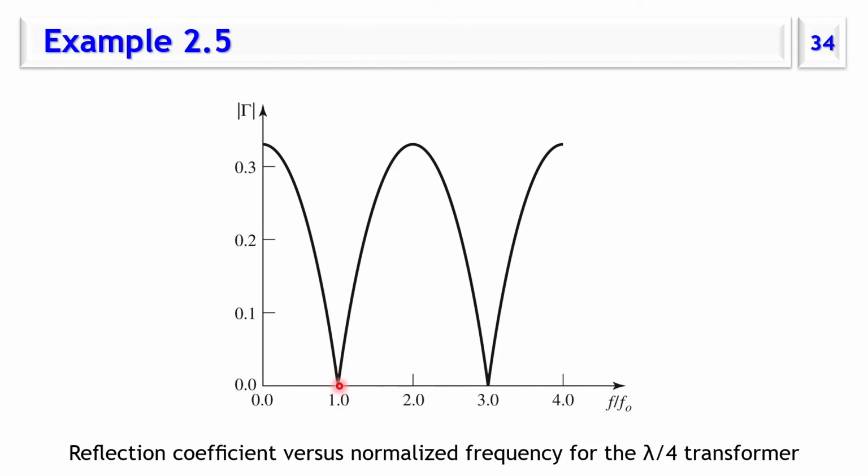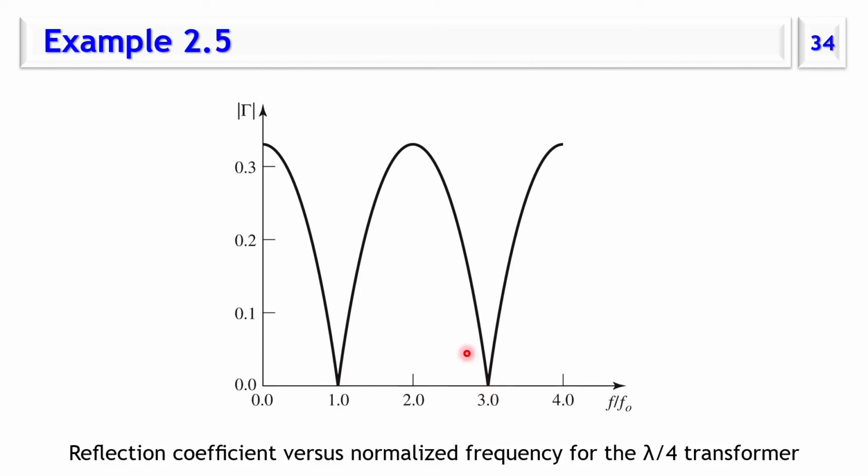For f equal f naught, we'll have a perfect match. Whenever we move away from f naught, we'll have some reflection. But if we move to 3 f naught, the length would be like 3 over 4 lambda.